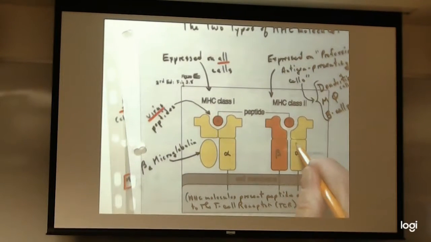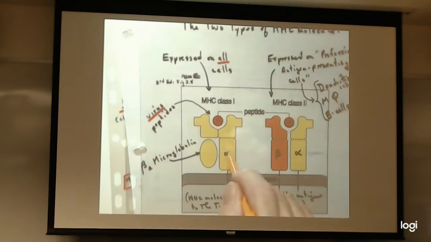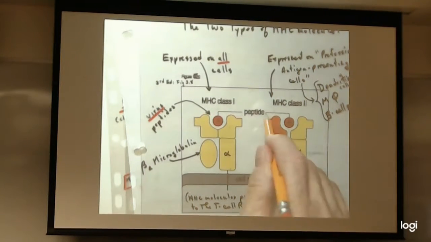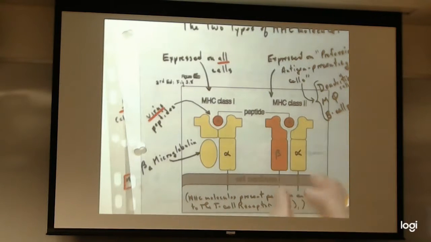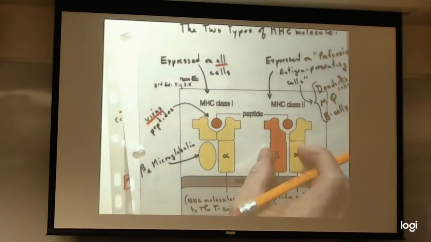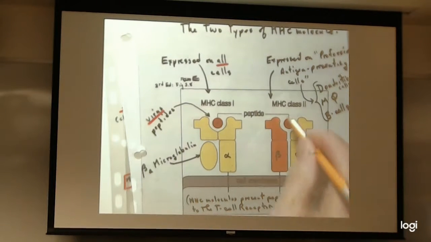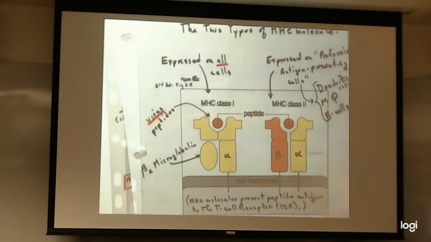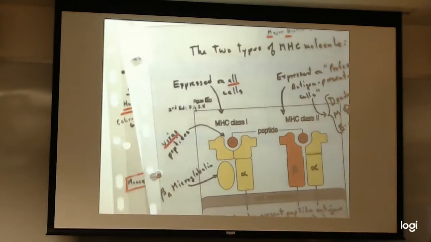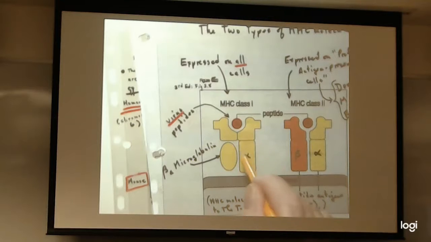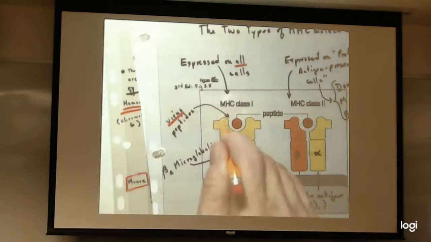Class 2 molecules have two alpha-like proteins. Here's alpha itself, here's beta, and together they provide the supportive structure, and together they make the platform that the peptide is going to bind to. So it takes only an A, B, or C gene to make the business end of a class 1 molecule.